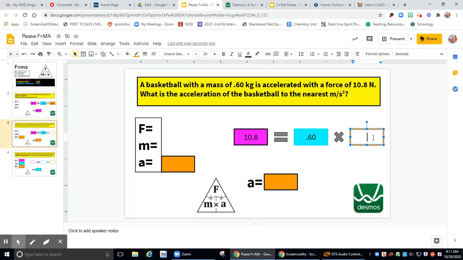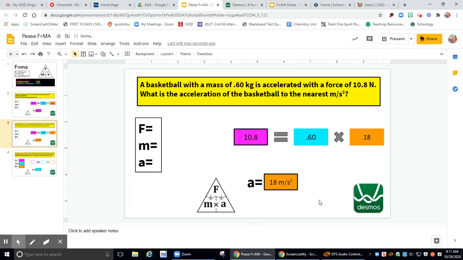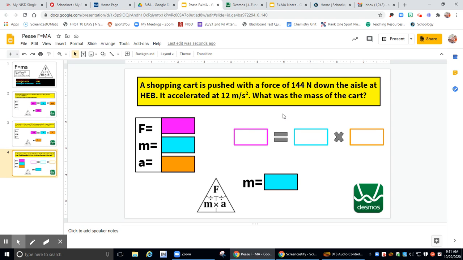So that would mean that the acceleration of this box would be 18 meters per second squared. Okay, and then again, reminder about how to change this text now to a superscript to get 18 meters per second squared. Okay, and then what happens if they give you the force and the acceleration?